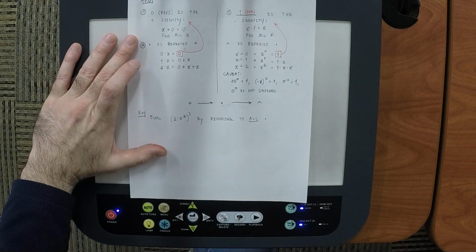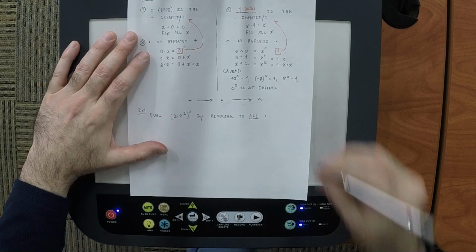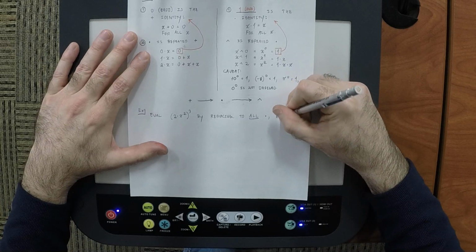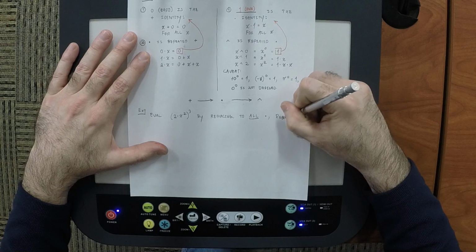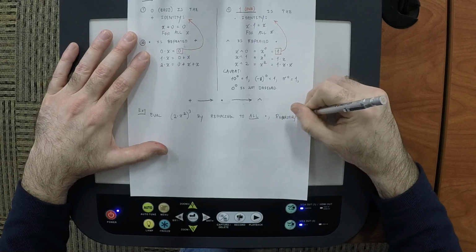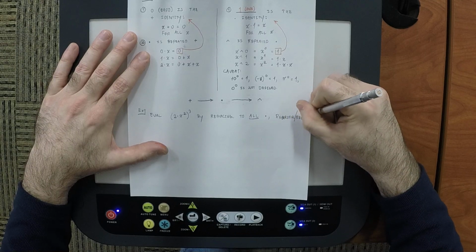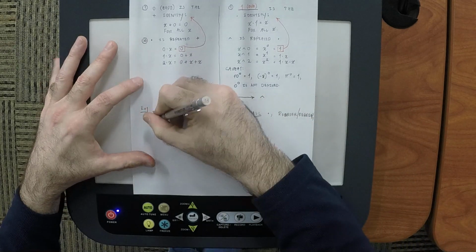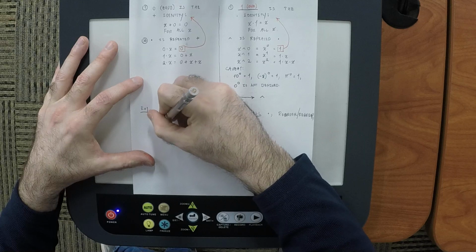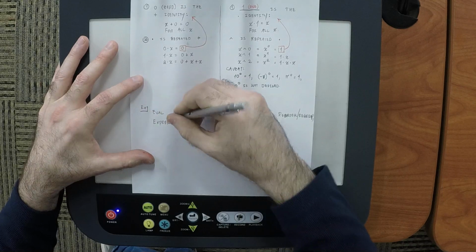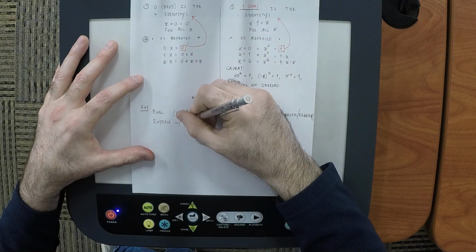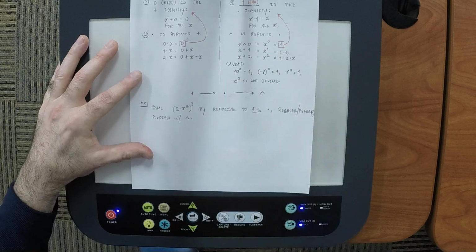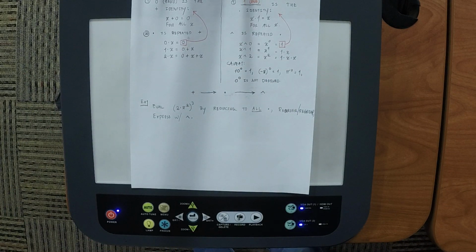That means it's not permitted that there should be any other operation. Regroup. So reorder and regroup. And then express with exponents. Okay, so you'll see what I mean when we do it.